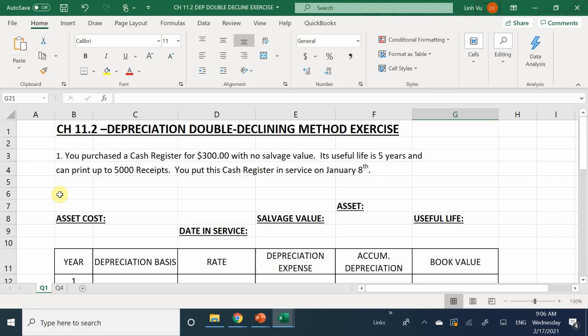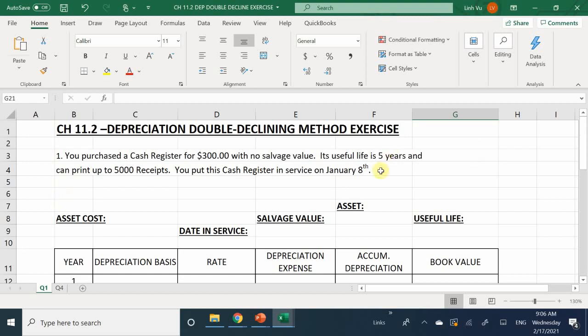Its useful life is 5 years, and it can print up to 5,000 receipts. And you put this cash register in service on January 8th. So assuming that the depreciation is done at the end of the year, December 31st.